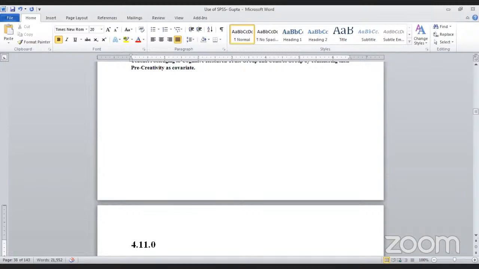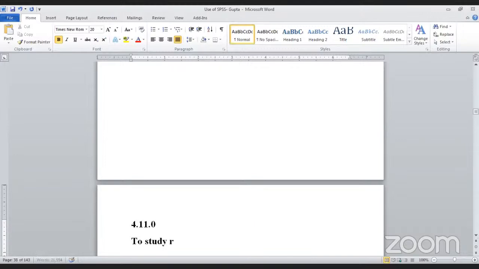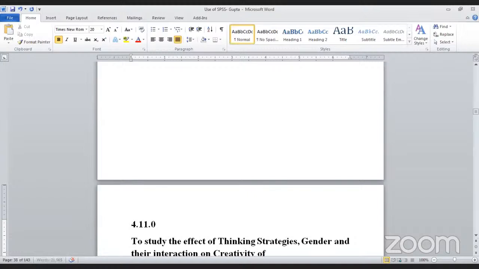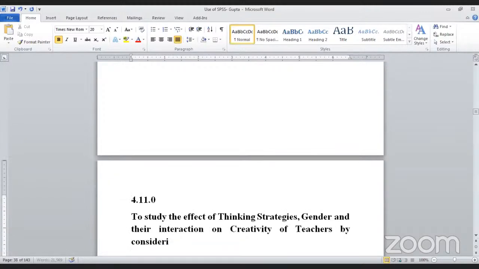So here my objective was to study the effect of thinking strategies, gender, and their interaction on creativity of teachers by considering their pre-creativity as covariate.